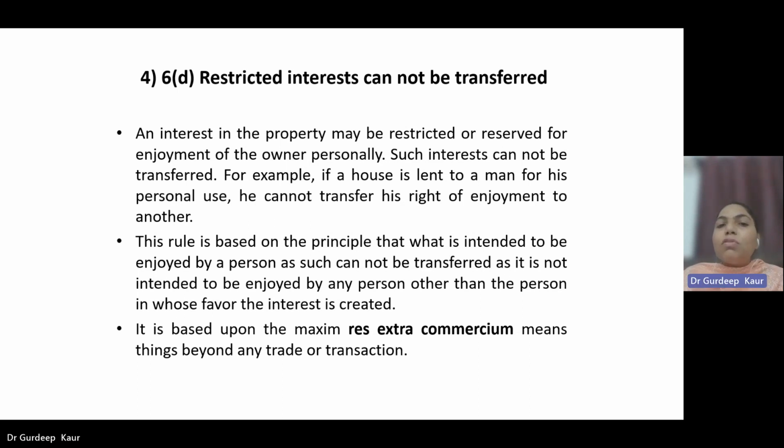This principle is based on the maxim res extra commercium, meaning things beyond any trade or transaction. It is based on the principle that what is intended to be enjoyed by a person as such cannot be transferred, as it is not intended to be enjoyed by any person other than the person in whose favor the interest is created.